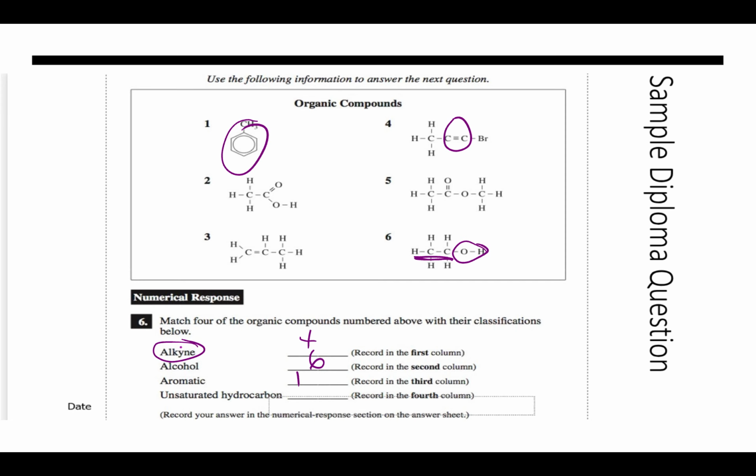And an unsaturated hydrocarbon. There are more than one choice here, and if you were writing, say, the Alberta diploma, more than one would be accepted. To be unsaturated, you need to see a double or a triple bond on your main chain. So 3 or 4 could work here. I'm just going to put in 3.